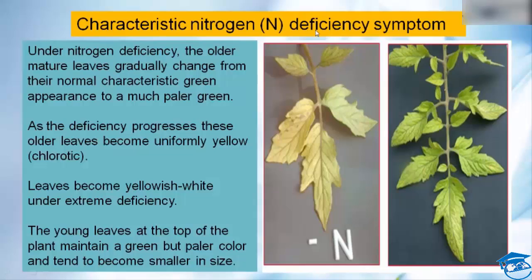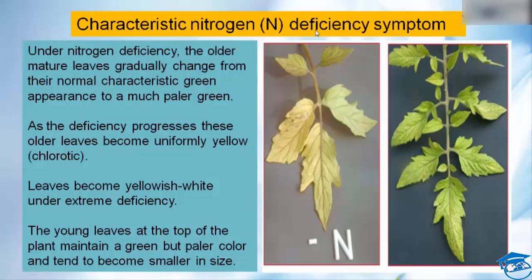I have already taught you students that nitrogen is an essential nutrient element which is required by plants in the greatest amount. It is absorbed mainly as NO3 minus, that is nitrate ion, though some is also taken up as NO2 minus.